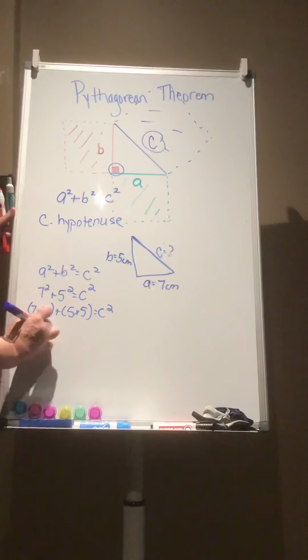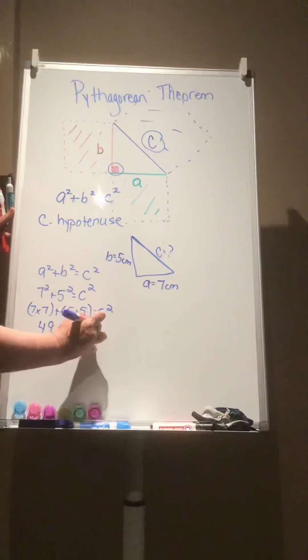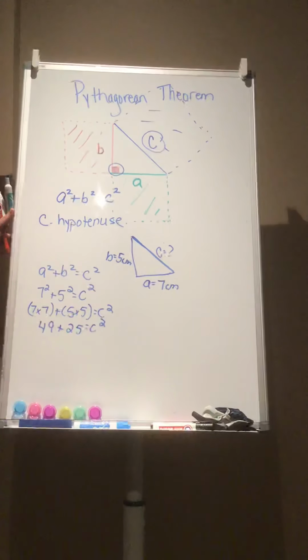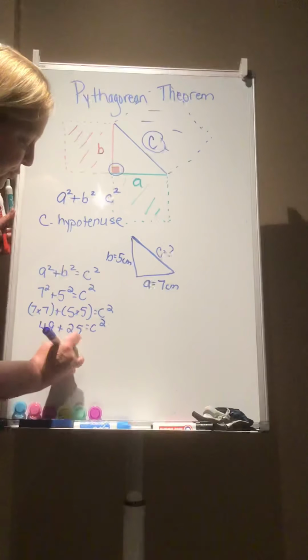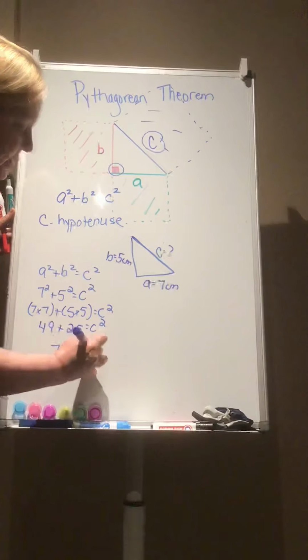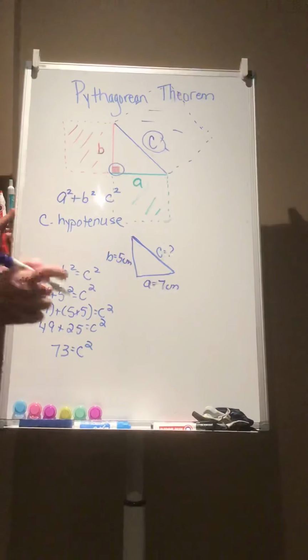So 7 times 7 is 49, plus 5 times 5 is 25, equals C squared. 49 plus 25 is 74, equals C squared.